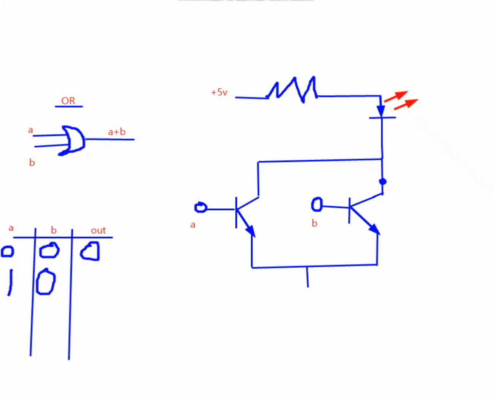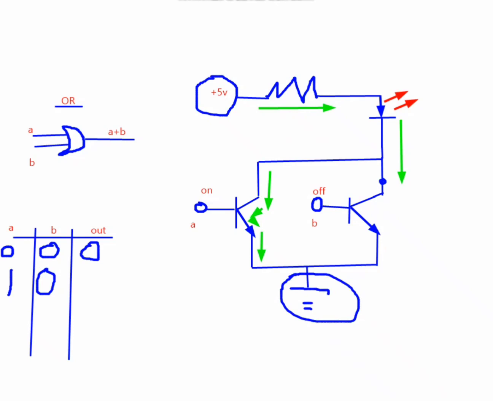What about if the first transistor is on and the second one is off? What will happen? Current can flow through the resistor and the LED into the transistor that is on. Therefore, there is a path from the positive voltage source to the ground. So the LED will be on.